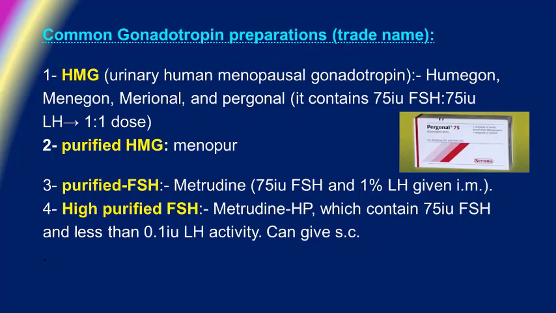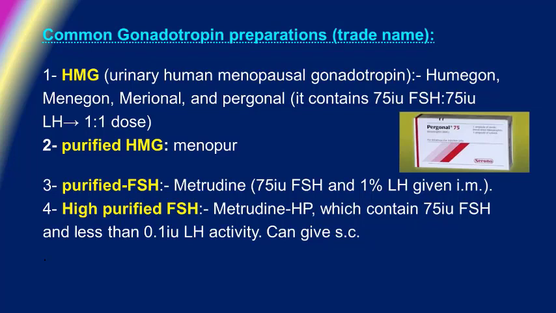It's an IM injection. Highly purified FSH, like highly purified Metrodin, contains 75 international unit FSH and less than 0.1 international unit LH. So this can be given subcutaneously because it's highly purified and contains a little amount of protein.